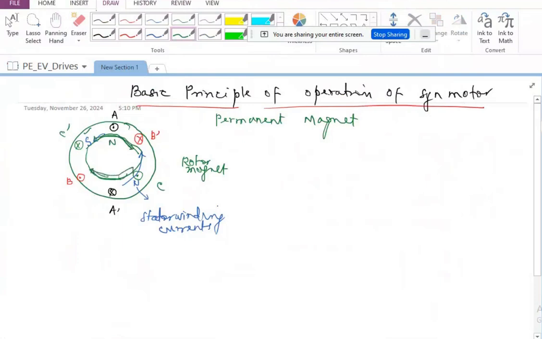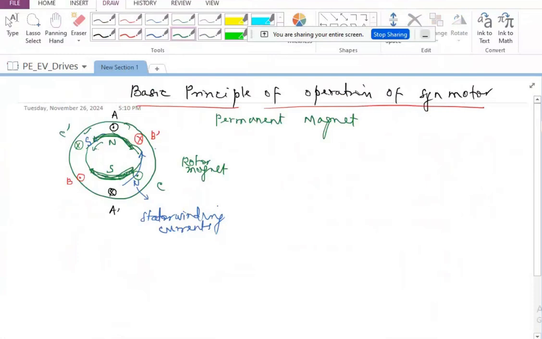This is all made up of ferromagnetic material. Only on the top, I'm going to glue the magnet with some resin or something like that. So this is North Pole and this is South Pole. And once this South Pole is appearing here because of the stator winding current, this North Pole is going to be dragged along and this is going to go round and round if it is able to lock up with the stator revolving magnetic field.